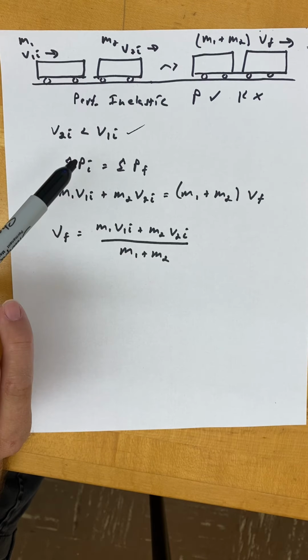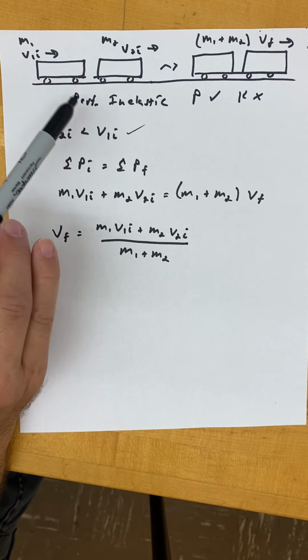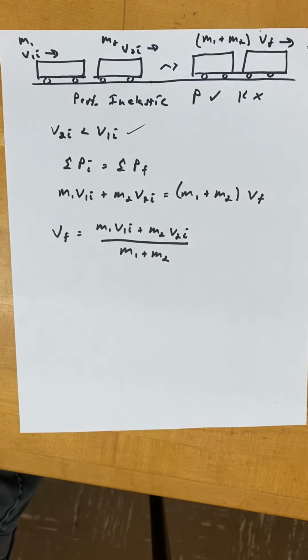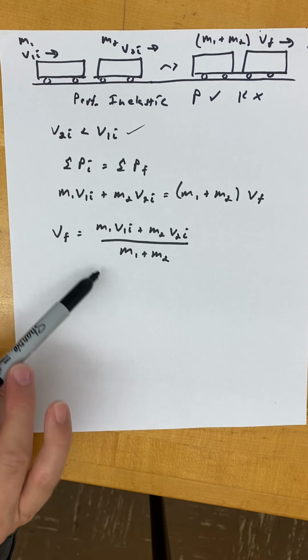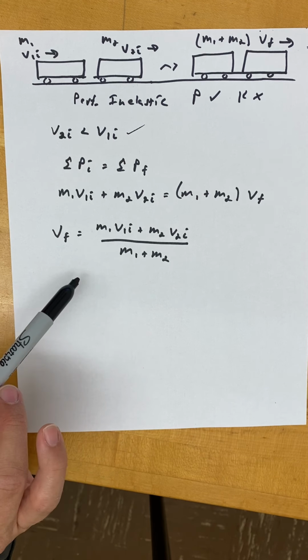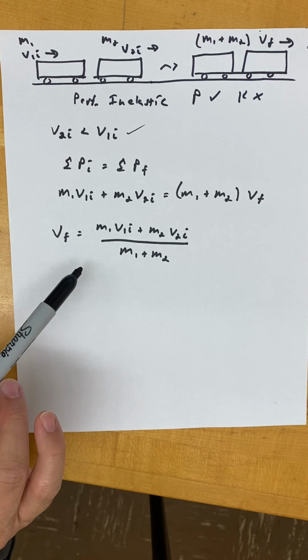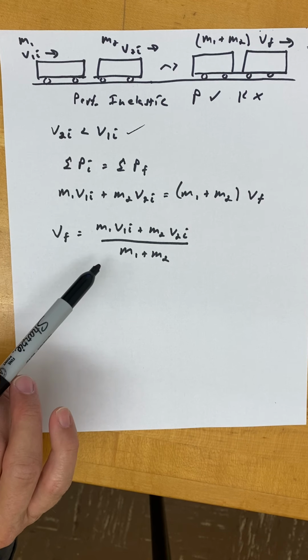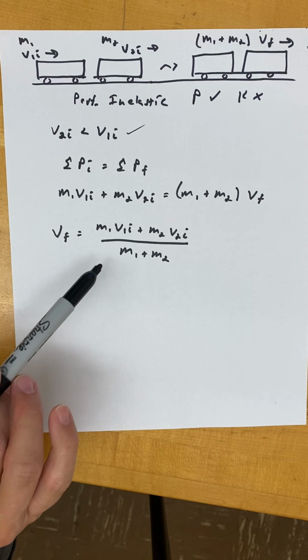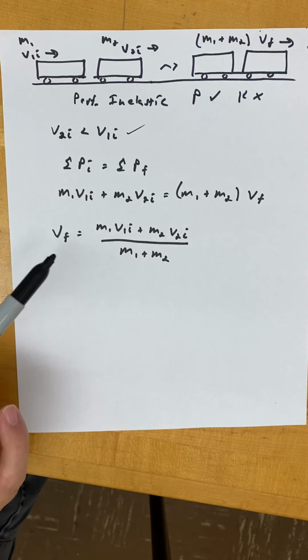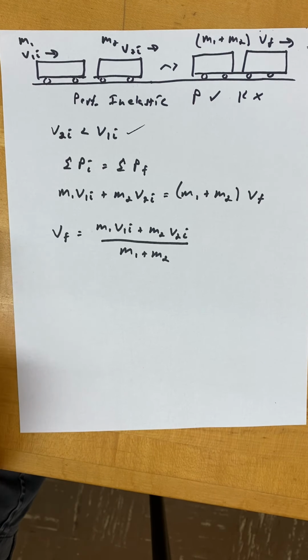Because they're moving in the same direction, I've got a total momentum to the right, total momentum to the right afterwards. And it's a little harder to see, I still get something having to do with the ratio of the masses here. So the masses are playing a more and more critical role. They've been critical all semester. But the masses really determine what's going to happen here, how fast this final velocity is, and everything along those lines.